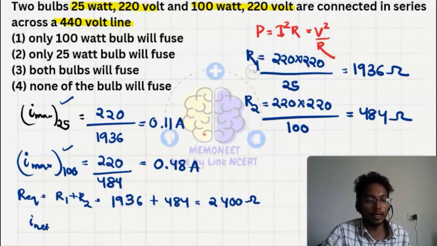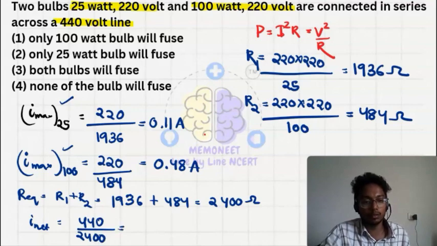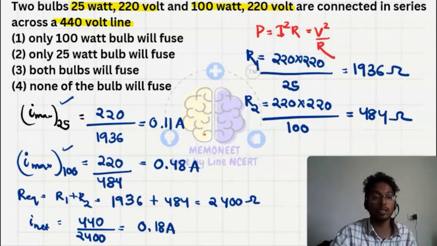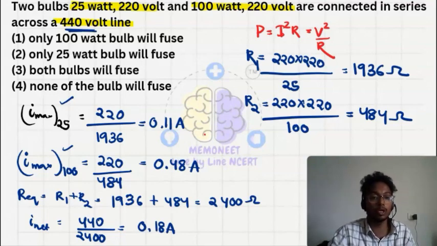So I net is equal to 440 upon 2400, which comes to be 0.18 ampere. I have taken 440 because we are connecting across the 440 volt line. So the current coming is 0.18 ampere.